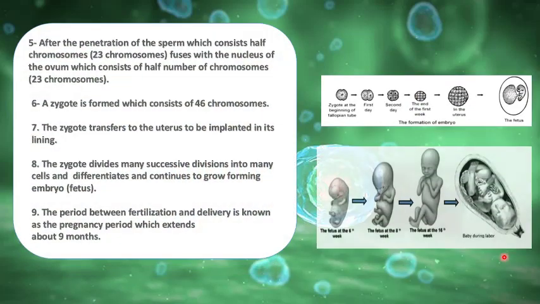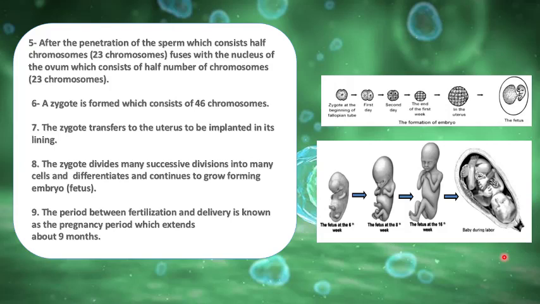Number 5, after the penetration, the sperm's nucleus, which consists of 23 chromosomes, fuses with the nucleus of the ovum, which also consists of half the number, 23 chromosomes. Number 6, a zygote is formed which consists of 46 chromosomes.